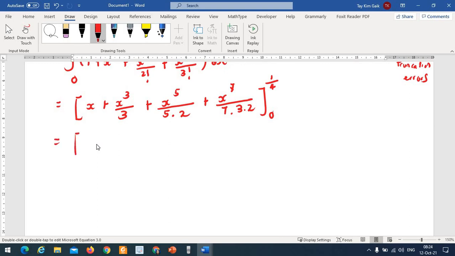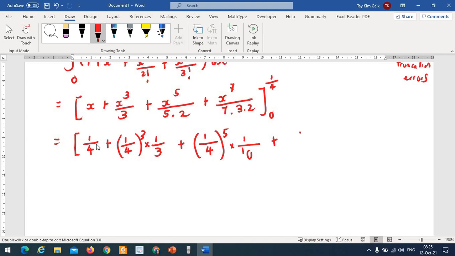So now you substitute, upper limit is 1 over 4. So this is 1 over 4 to power 3, divided by 3. So plus 1 over 4 power 5, divided by 5 times 2, 10.